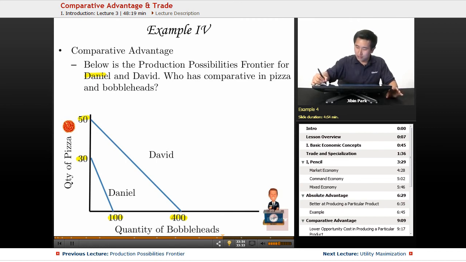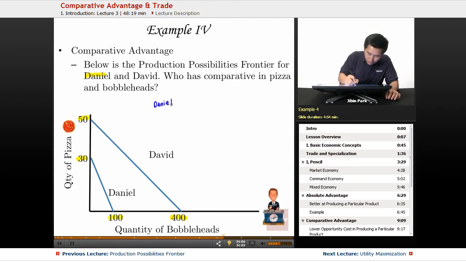Let's see if my trick to see which one has comparative advantage actually works out when you work it out mathematically. So let's take a look at Daniel right here. Daniel's situation is 30 pizzas equals 100 bobbles. In this case, it's the legendary Vin Scully bobblehead here.